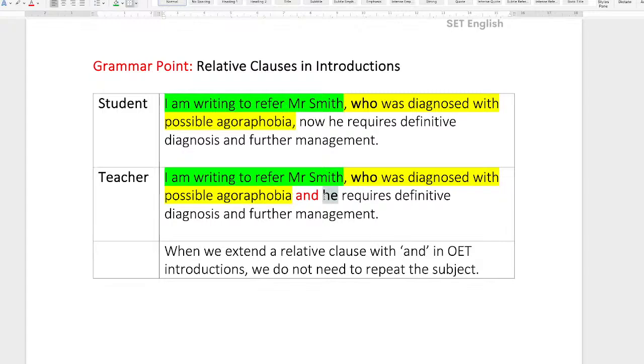We take this away. That's not something we need. That goes. And now we're left with this whole thing being basically the relative clause. I'm writing to refer Mr. Smith, who was diagnosed with possible agoraphobia and requires definitive diagnosis and further management.